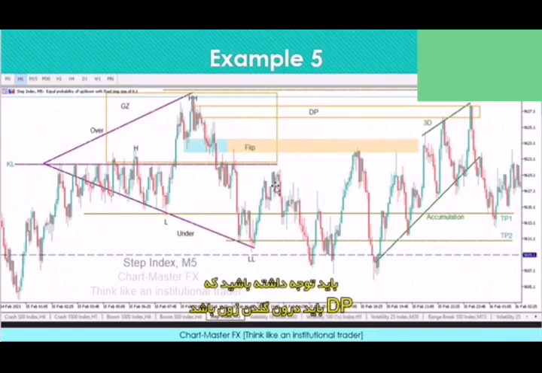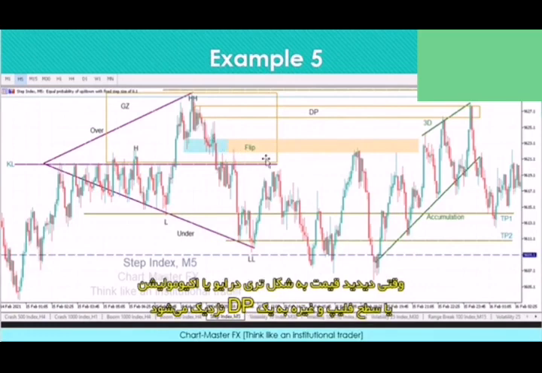One of the things, guys, that you have to know is that once you locate a decision point inside the golden zone, you may have maybe 3 decision points inside the golden zone. Once you have such a scenario, you wait for the price. The price is going to give you a confirmation on which decision point you need to take.